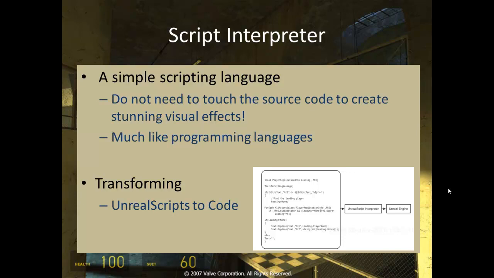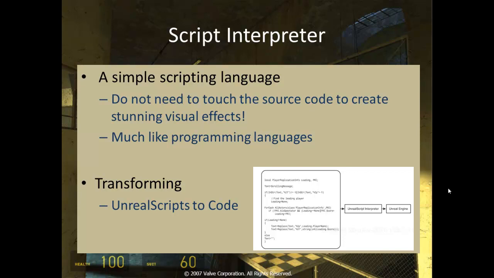You can use Unreal Script, and this is really good because, first of all, to really write the source code in C++, it would require lots of experience, especially in high performance programming, such as heavily object oriented C++ programming.